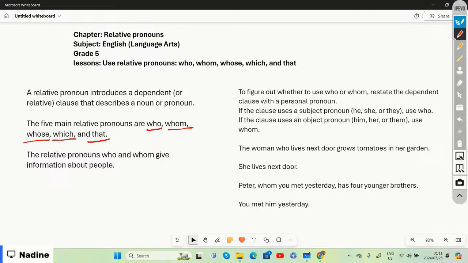And a relative pronoun introduces either a dependent or relative clause, and it describes a noun or a pronoun.